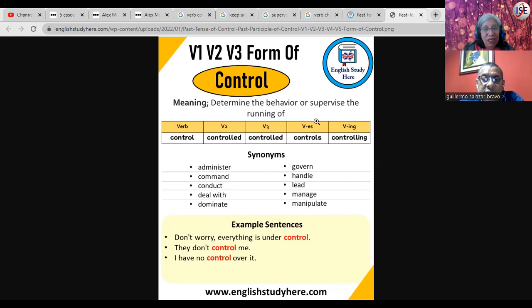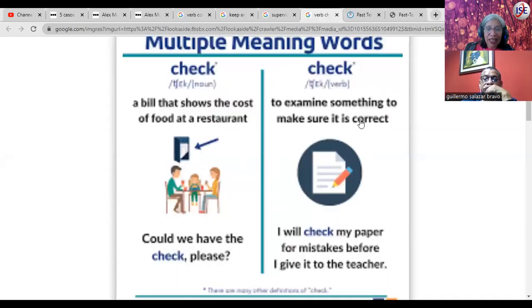Okay, because if you go to a dictionary, you're gonna find control: controlar, supervisar, regular. And if you go to supervise: controlar, supervisar, regular. And if you go to check, it means examinar, supervisar, controlar. So what's the difference?